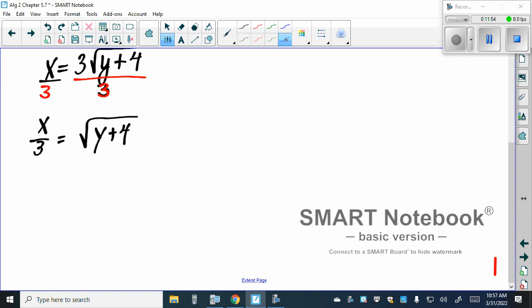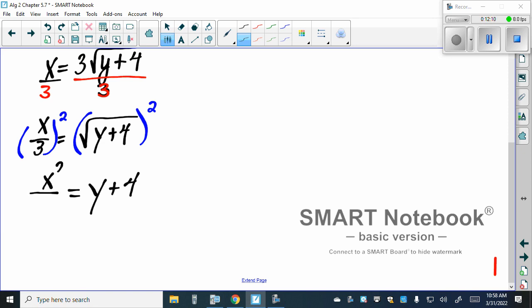Then we would square both sides. And if we square both sides, on the right-hand side, we have y plus 4. On the left-hand side, we have x squared over 9.